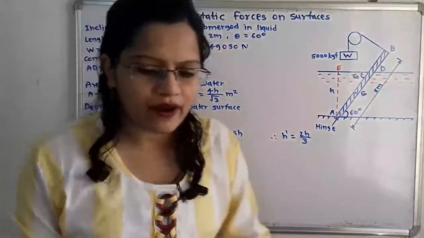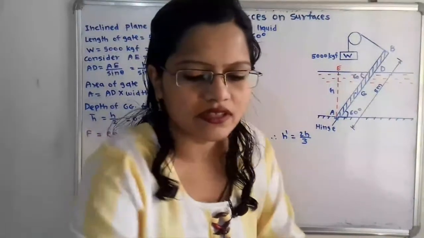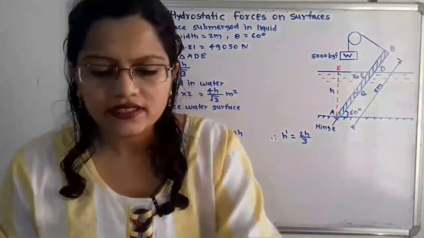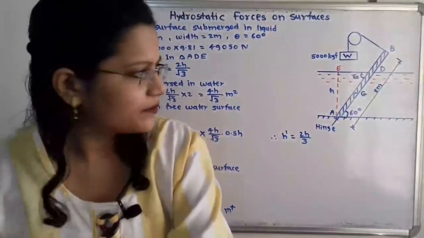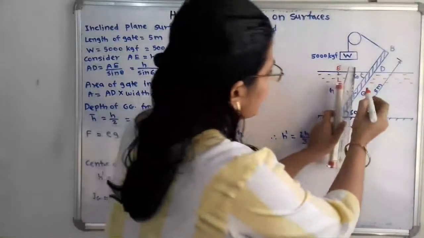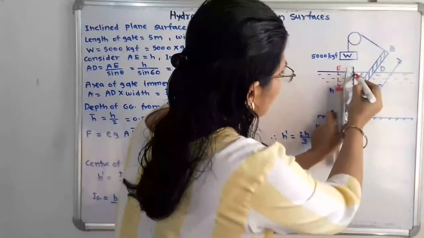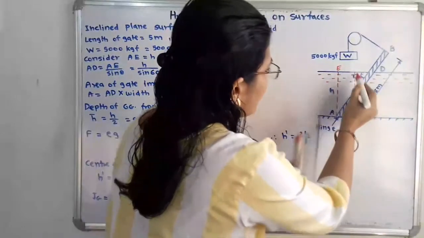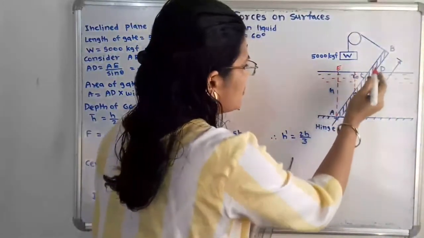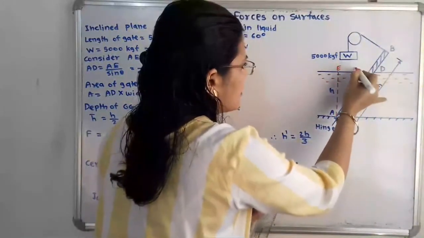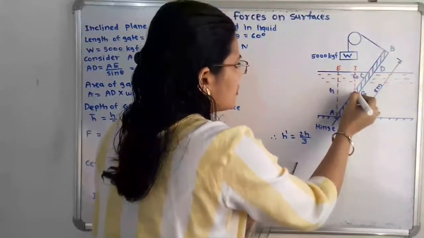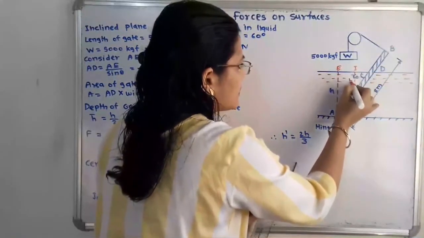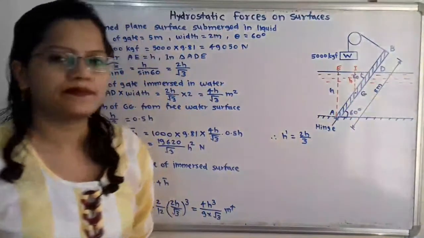And now we have to find out. So I will make here one construction line, that is h bar means what? I will draw here one vertical line, in the form of dash, and this distance from G to I, this will be letter I. So this distance G to I will be equal to h bar.